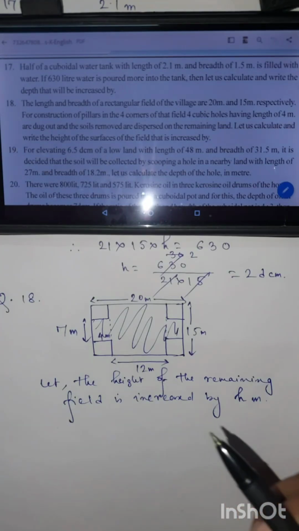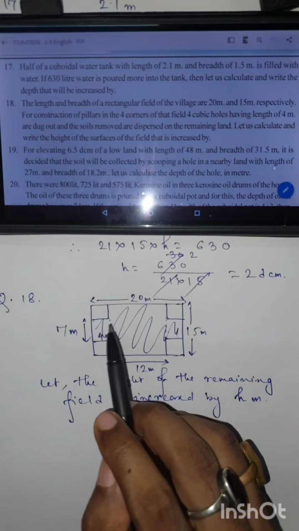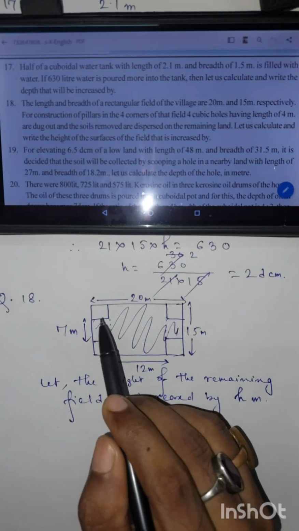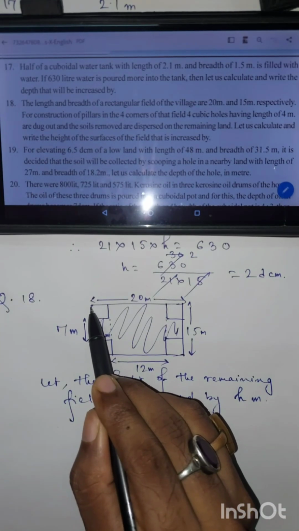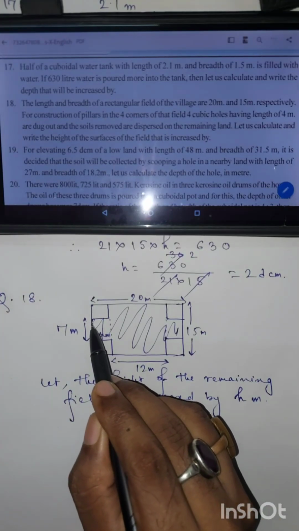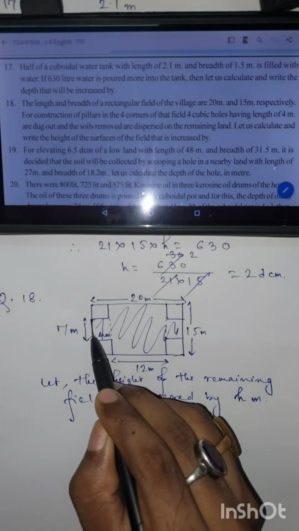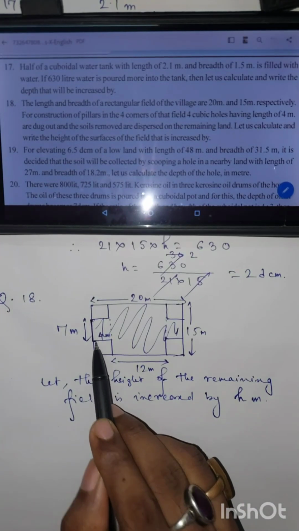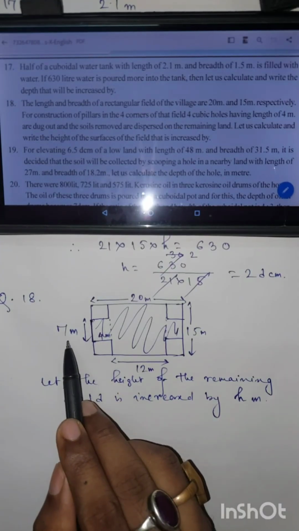Now we can consider that this length is 7 meter.